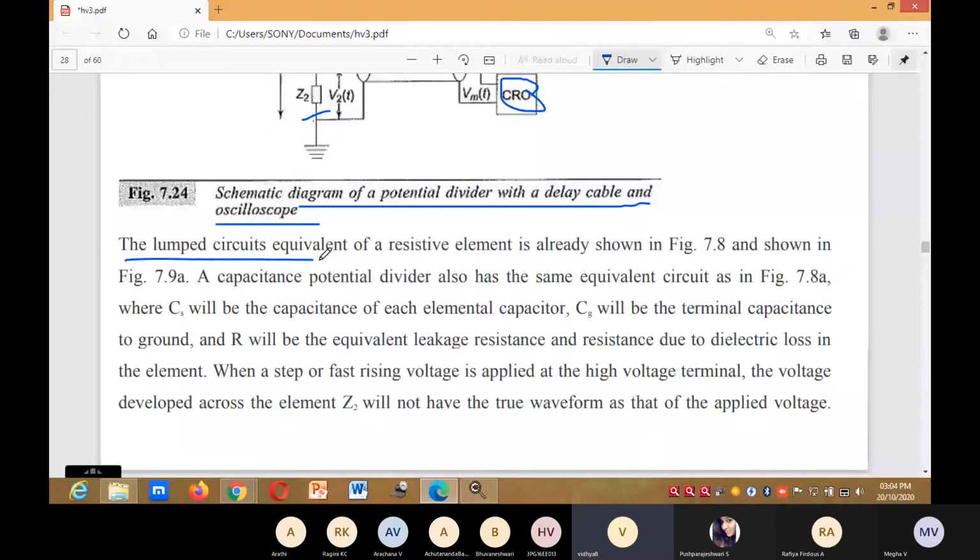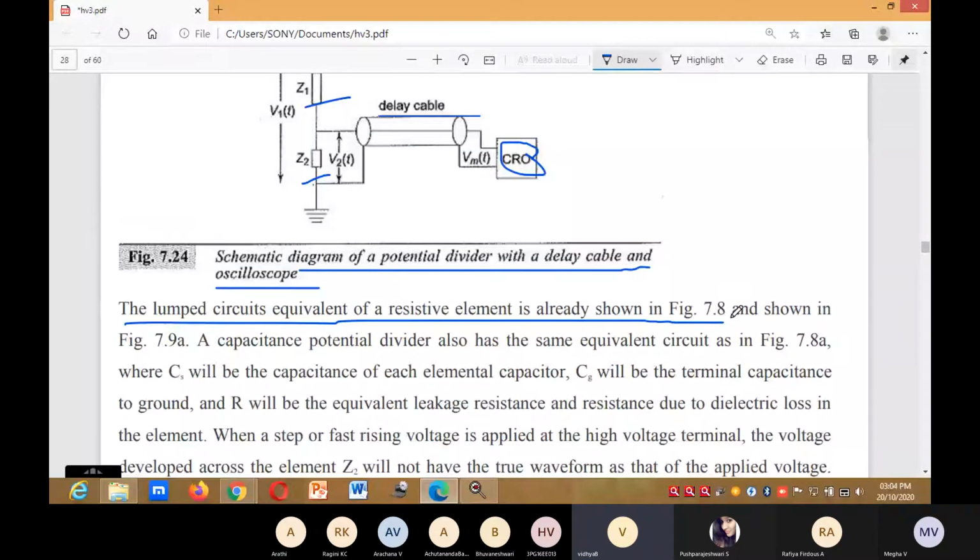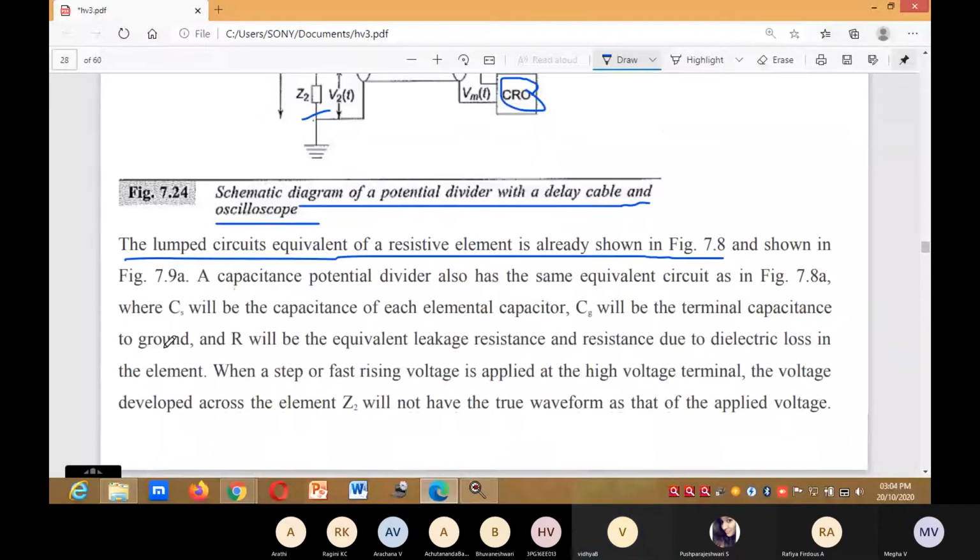The lumped circuit equivalent of a resistive element is already shown in figure 7.8. We have learned about that.